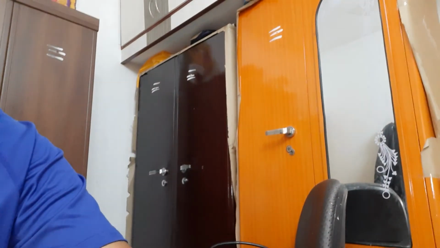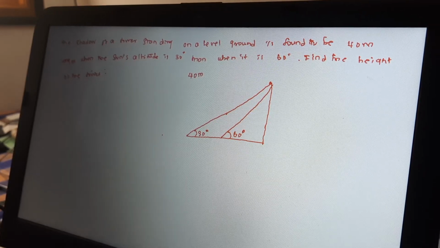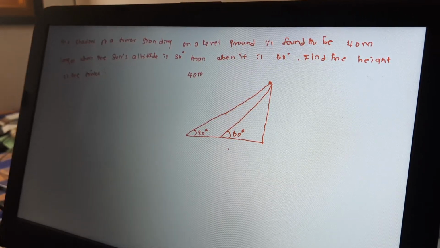Let me go into the problem directly. 30 degree and 60 degree are the two elevations. When it is 30 degree, the shadow is found to be 40 meter.